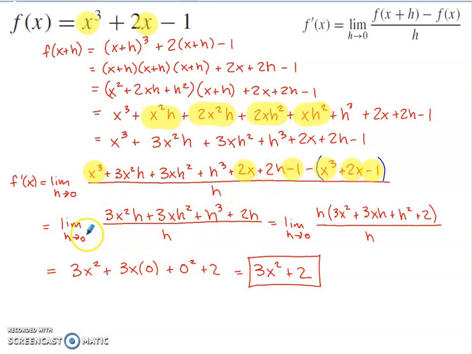Now, if I try to evaluate the limit, I'm still going to be looking at 0 over 0, which is an indeterminate form. I need some cancellation to occur with my h's, and what I can do to make that happen, you'll notice all 4 of these terms that are remaining in the numerator possess an h.